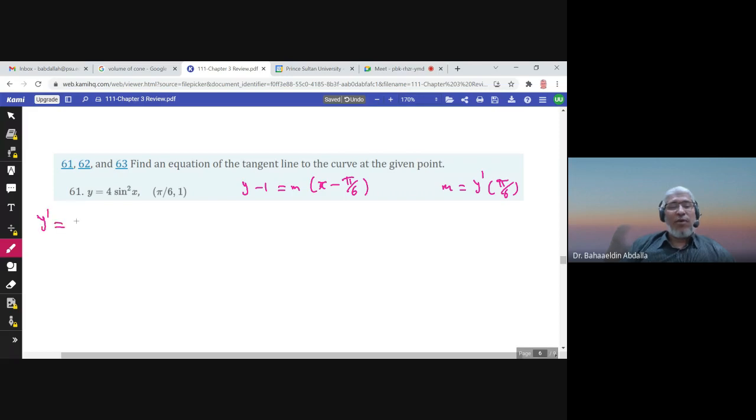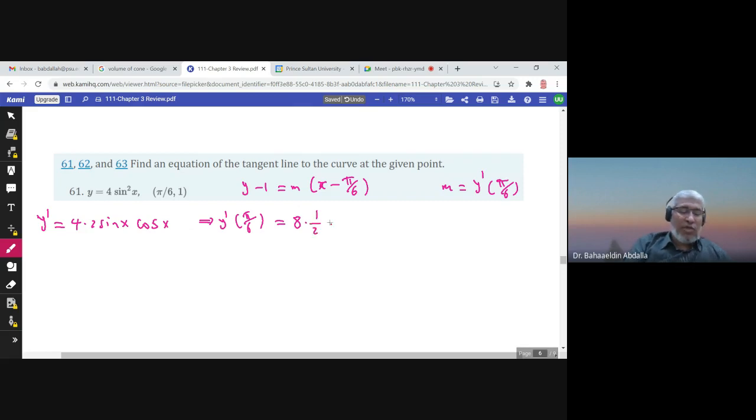So y prime is, the 4 is just a coefficient. The derivative of sine squared is 2 sine x times the derivative of sine, which is cosine. So now y prime of pi over 6 would be 8 sine pi over 6 times cosine pi over 6. And sine pi over 6 is 1 over 2.